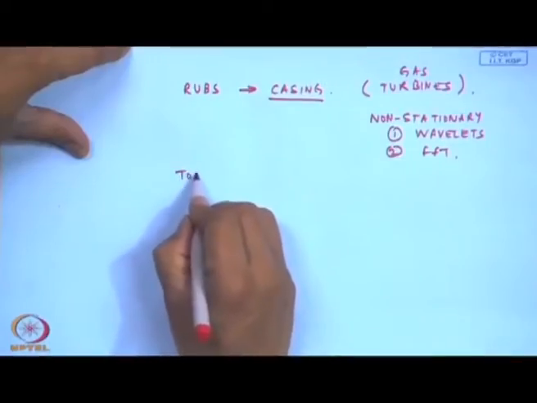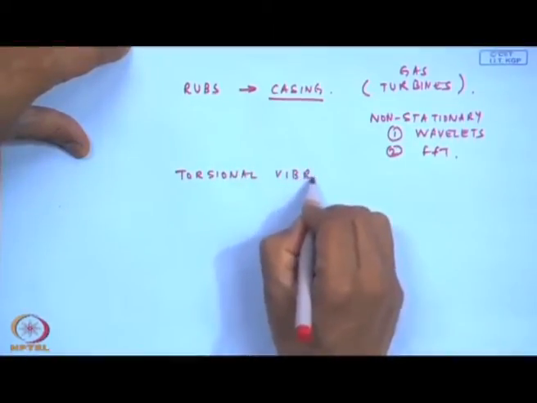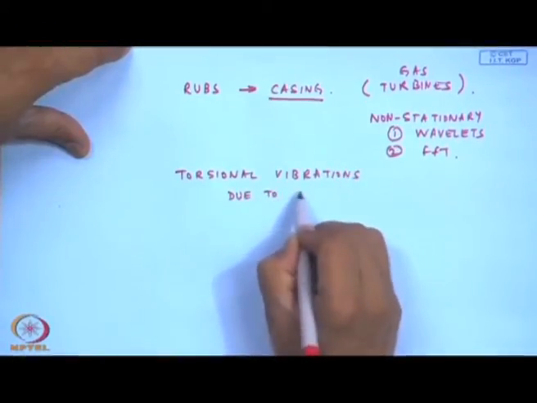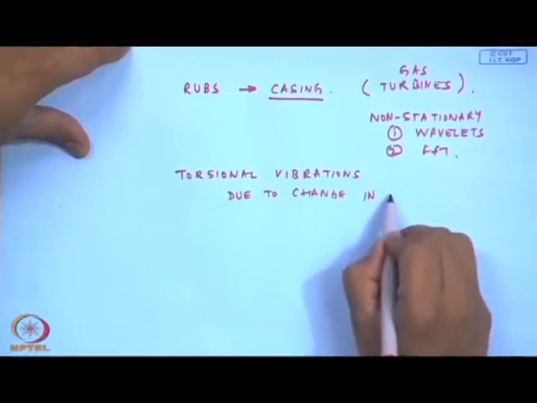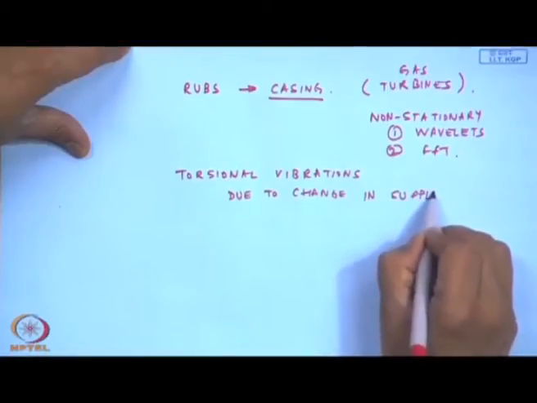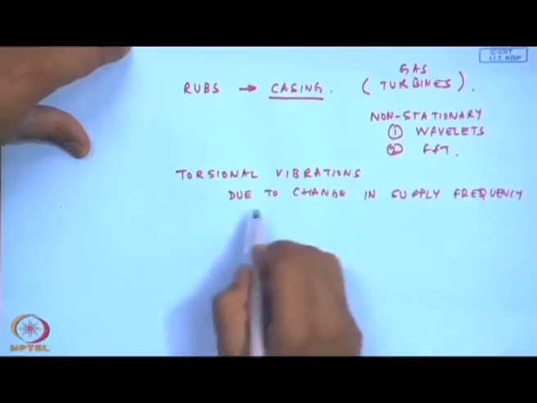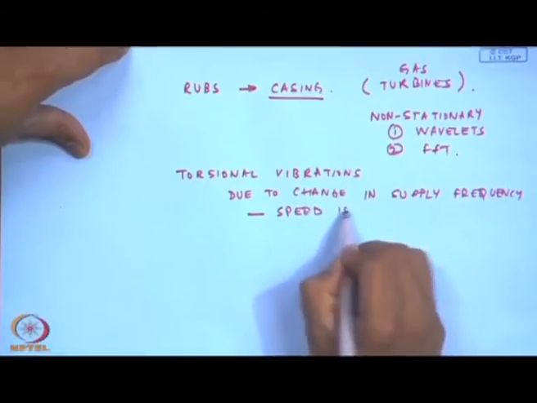Okay. And because of this speed fluctuation, because of the change in frequencies, there will be a lot of torsional vibration associated. Torsional vibrations due to change in supply frequencies, because the speed is changing.